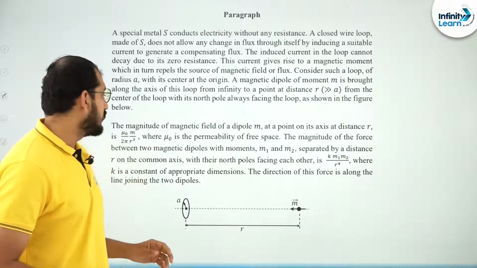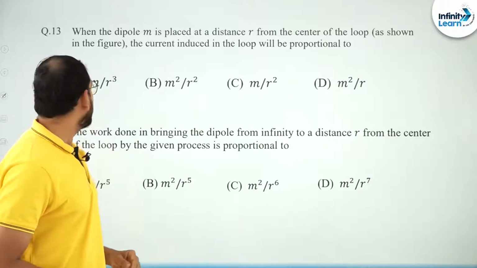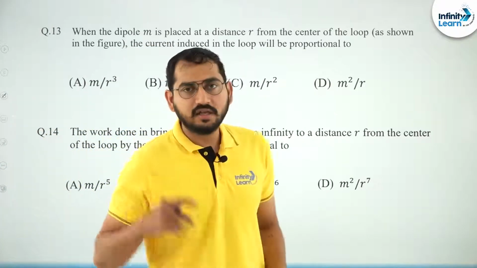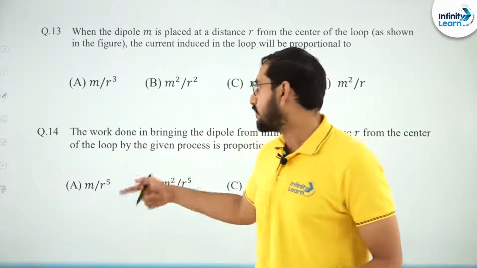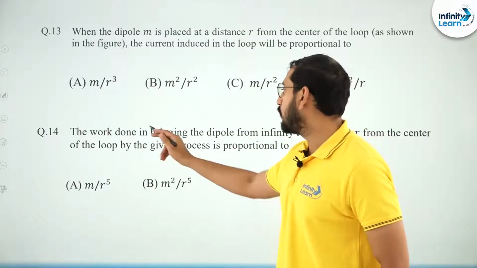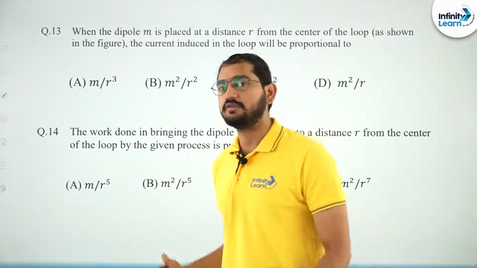All right, so now based on this comprehension we have two questions. The first question is asking what is the proportionality of the induced current in that special material loop, and also we need to find the work done when we are bringing another magnetic dipole near to that coil.